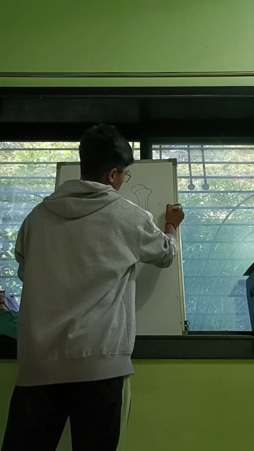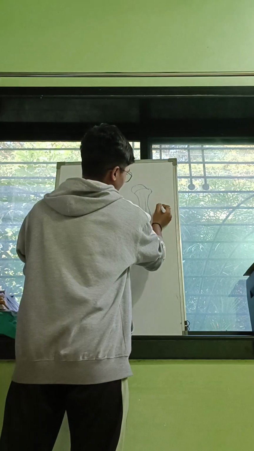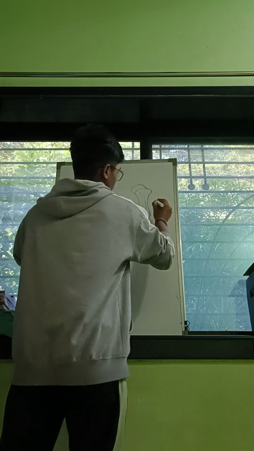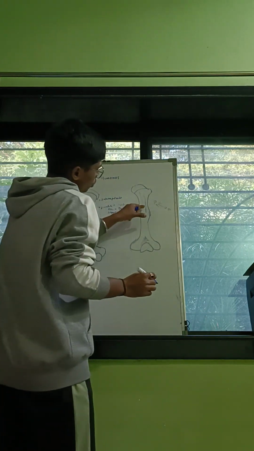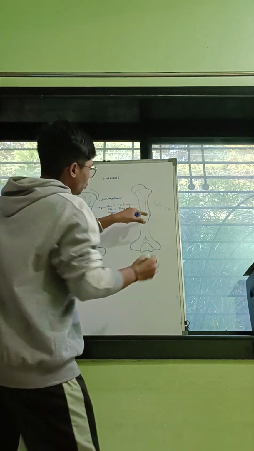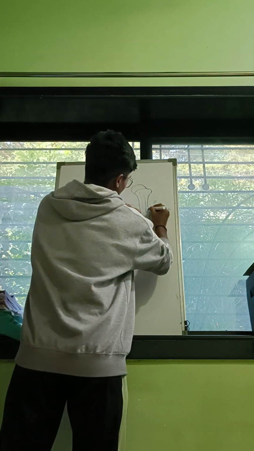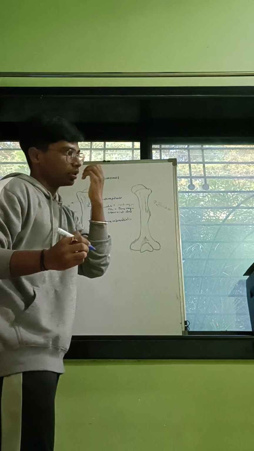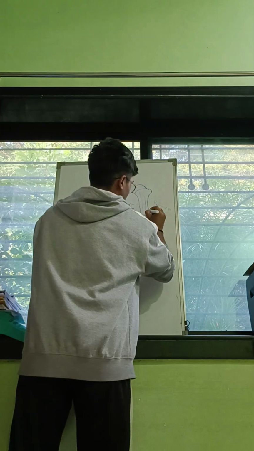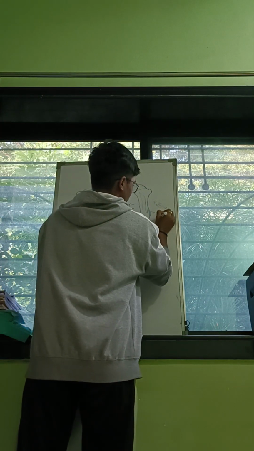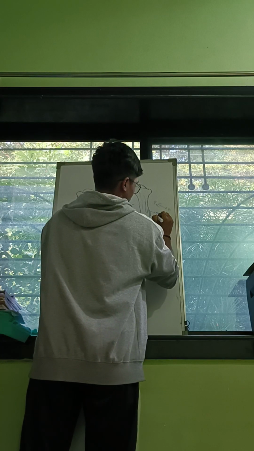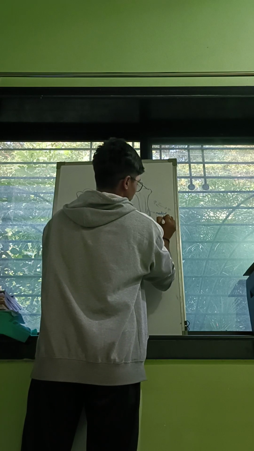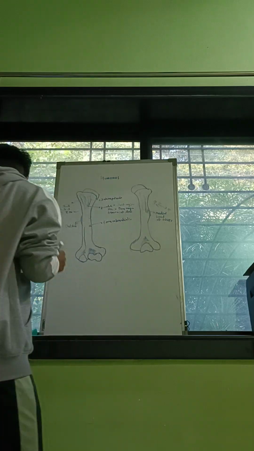If it is below the radial groove, the muscle attached here is the medial head of triceps.